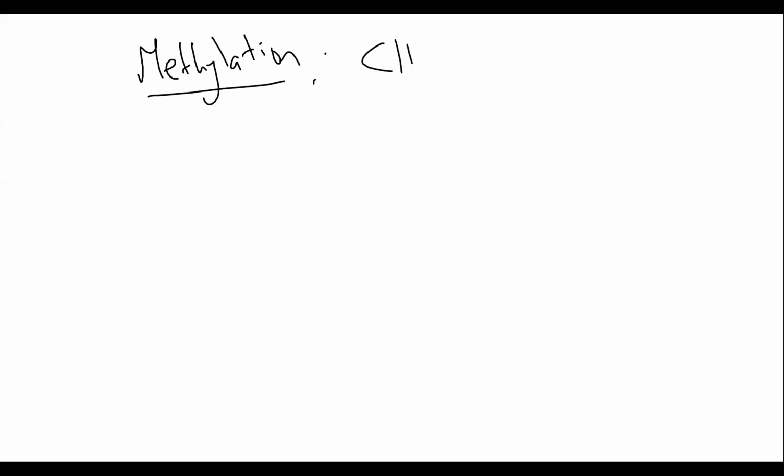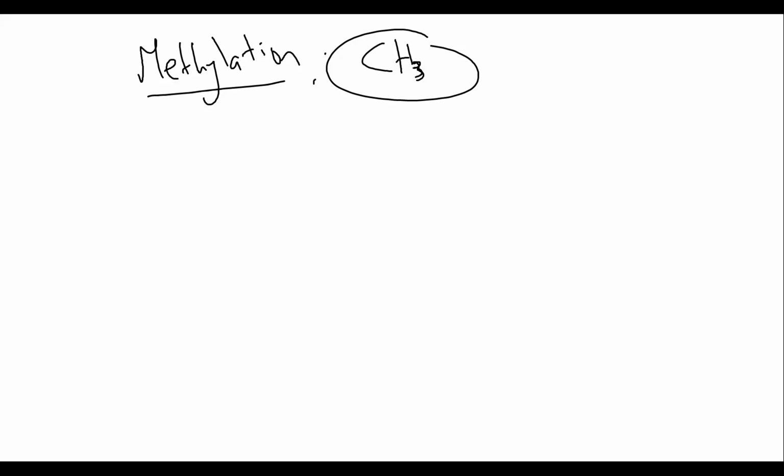CH3. In gene expression, if we added a methyl group, meaning a CH3, to cytosine bases in DNA, or to a certain amino acid on a histone protein, what will happen to gene expression?